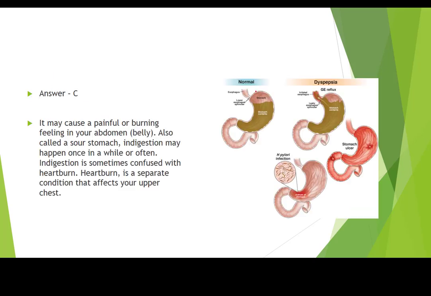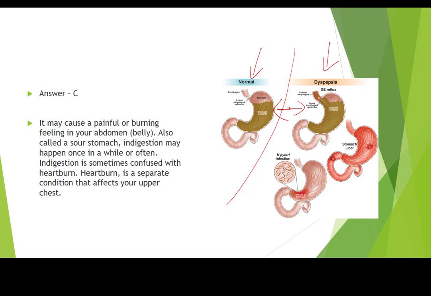Here is a normal as well as an affected one, given for comparison purpose. You have to compare both the normal and the affected one, then you can understand what is what. It may cause a painful or burning feeling in your abdomen, or belly, also called a sore stomach.